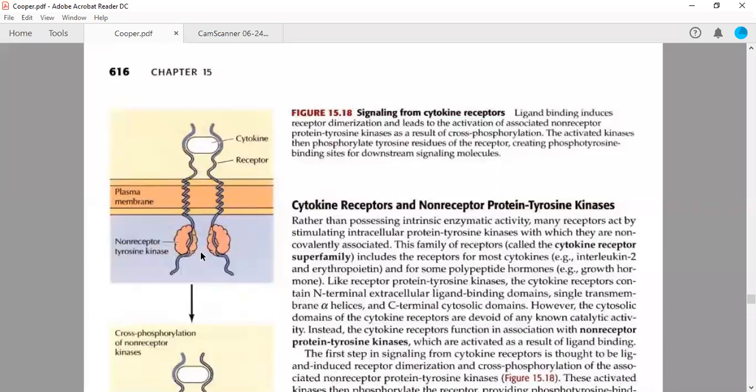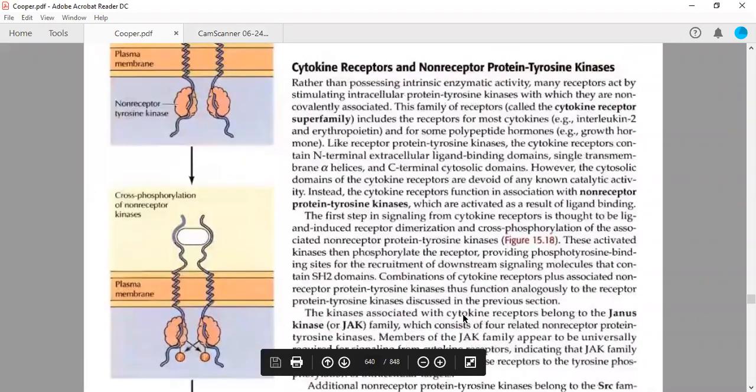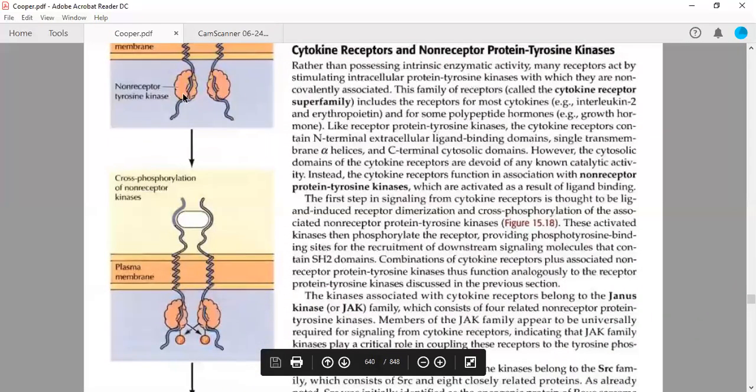One example of these proteins is the Janus kinase, JAK, which we are going to study in this particular class. It is a protein called Janus kinase, and this Janus kinase is given in this particular text. So if the catalytic domain is absent in the receptor, certain proteins called non-receptor tyrosine kinases will form non-covalent interactions with the C-terminal domain of these receptors, and they will perform the catalytic function inside the cytoplasm.